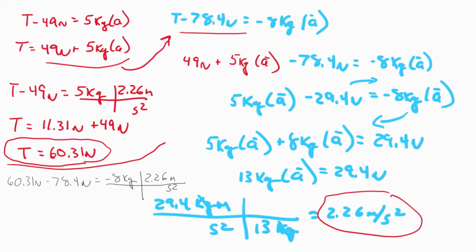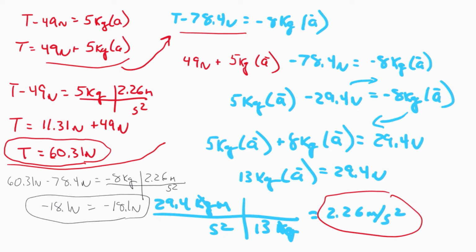So 60.31 minus 78.4 works out to be a negative 18.1. On this side, I have negative 8 times 2.26 works out to be a negative 18.1 newtons. So I didn't find anything new here, but this also checks out.